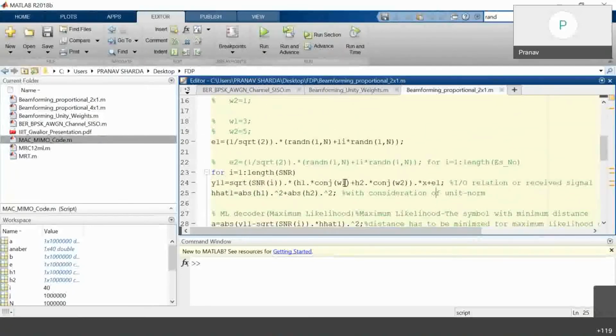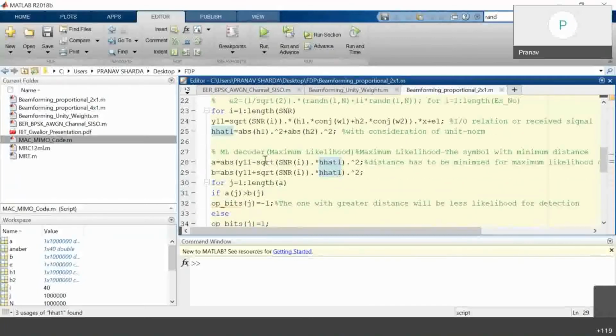Okay, because H1 conjugate will become mod of H1 square. And if you substitute here the value of W2, so H2 conjugate will become mod of H2 square, right? So that we have defined a variable here. That expression, absolute of H1 square plus absolute of H2 square, let it be denoted by H hat 1, right?